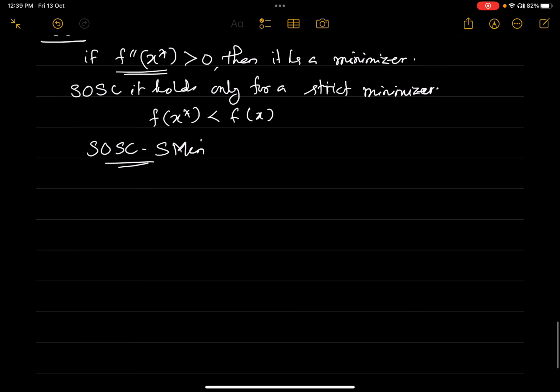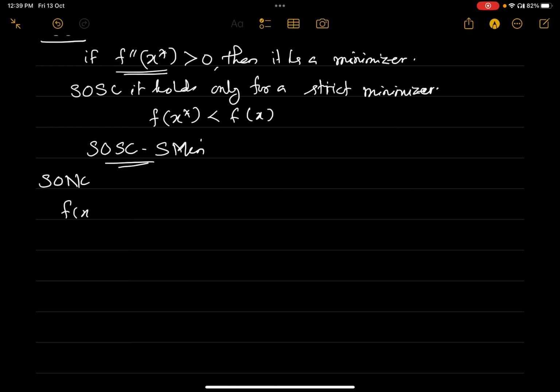Fine. Now let's try to make it broader and put in more points. How do we extend this idea so that we can also include the points which are excluded by the sufficient condition?